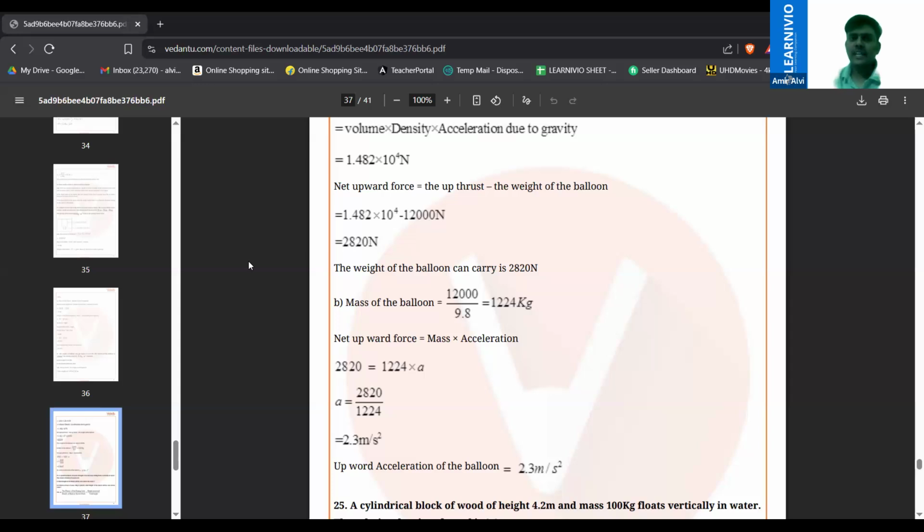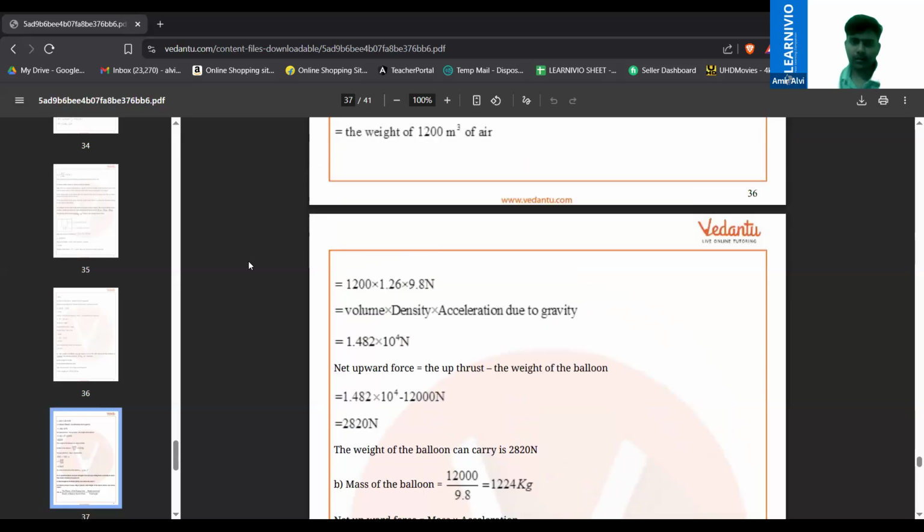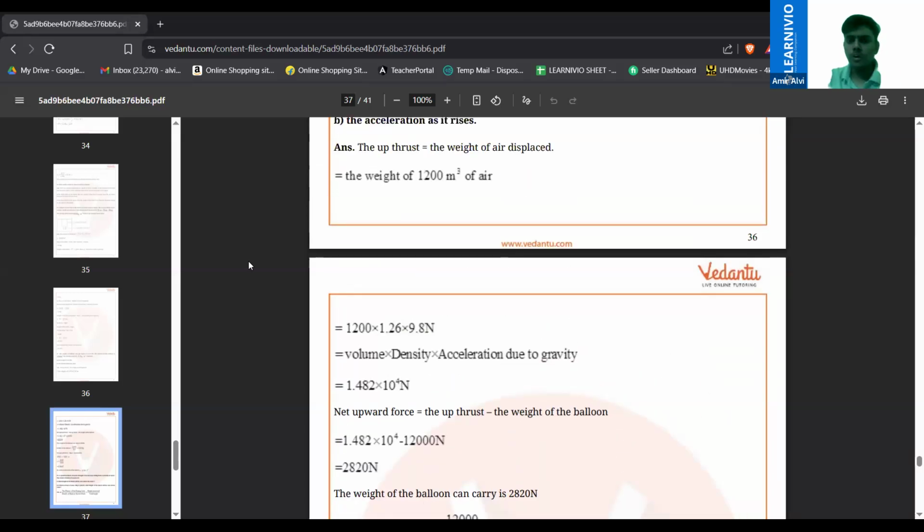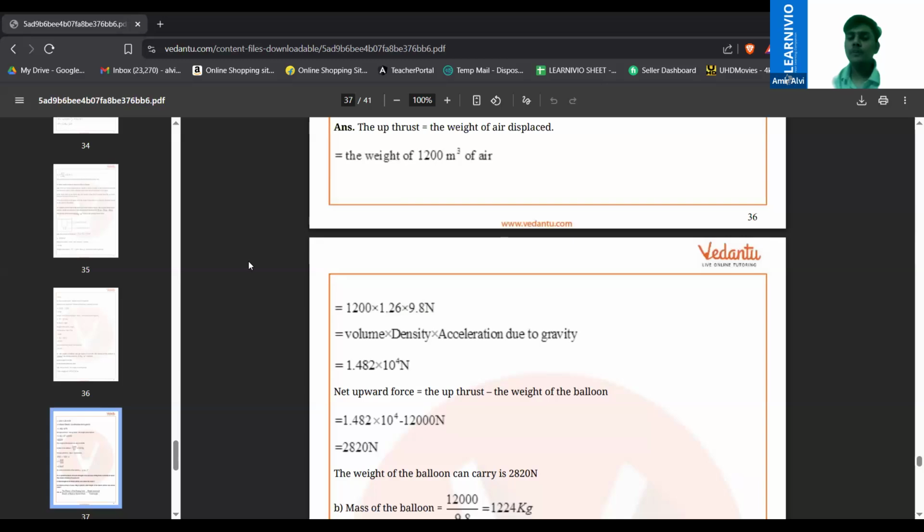It seems like you have taken 9.8. Yes, sir, I've taken 9.8. Because what is the weight, net upward force? Because ultimately you have to cancel the weight of the balloon to calculate the net upthrust.